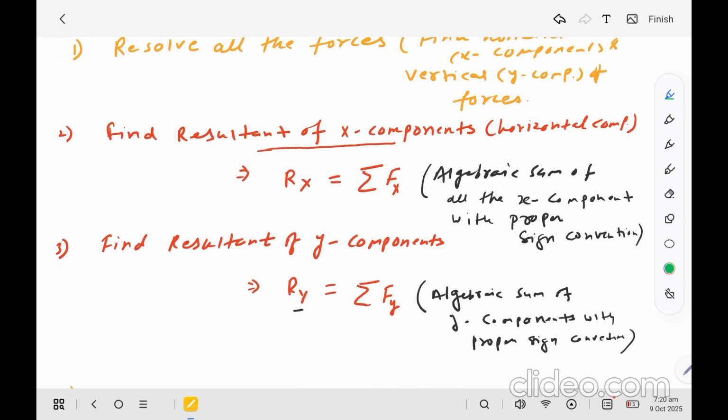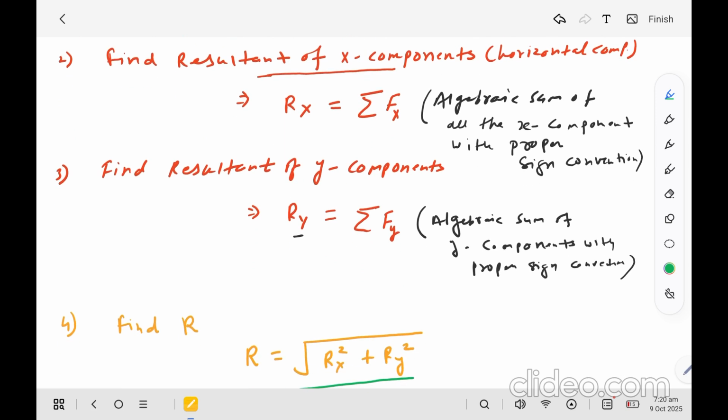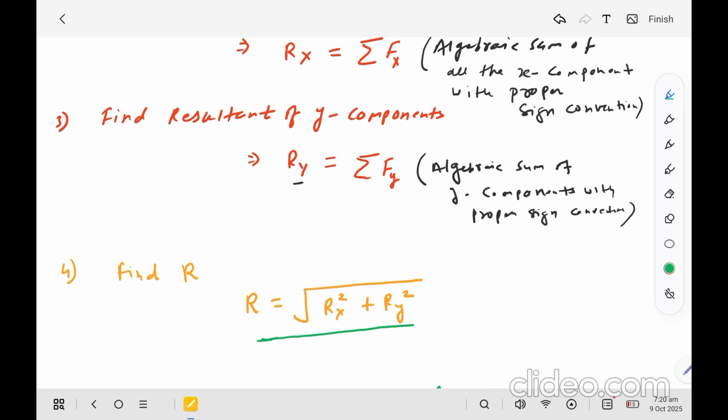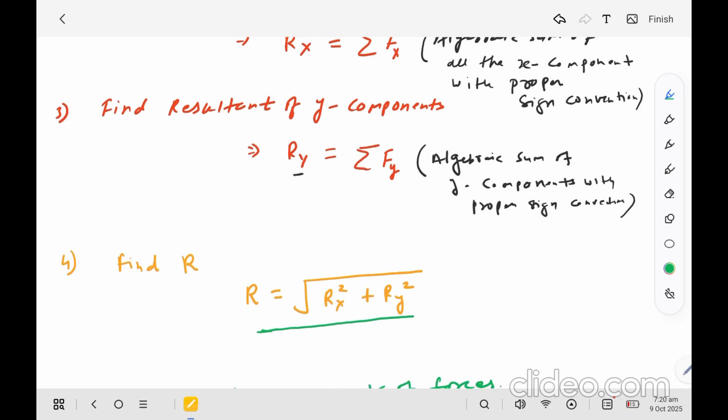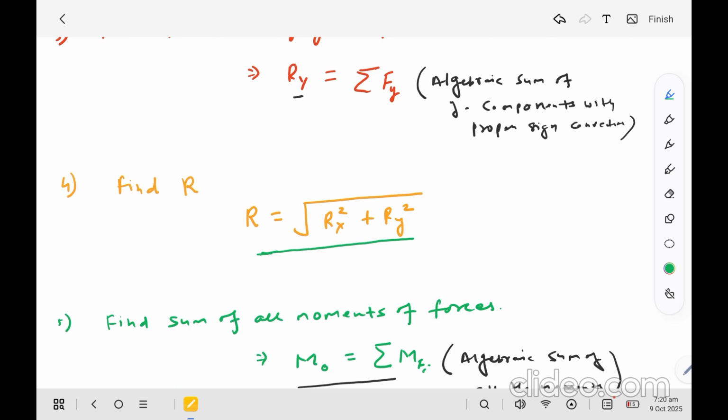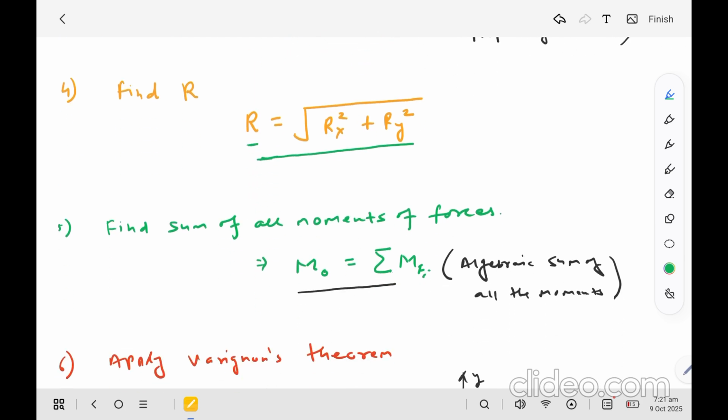Then we do the algebraic sum of the x components of forces using the sign convention. Then we find the resultant of the y components of forces, again by the algebraic sum. After getting the values of Rx and Ry, we find the magnitude of the resultant by this expression, the root of Rx square plus Ry square.